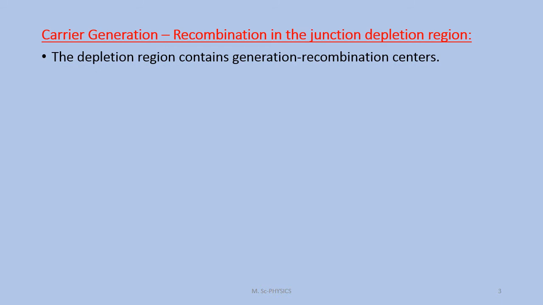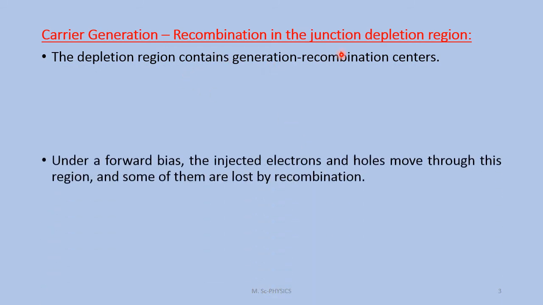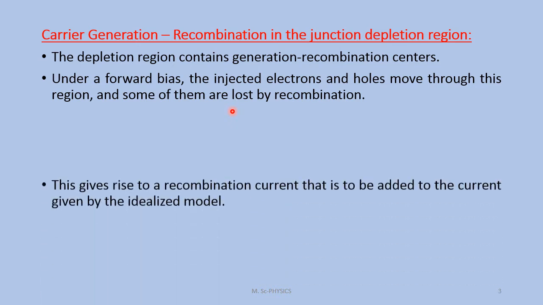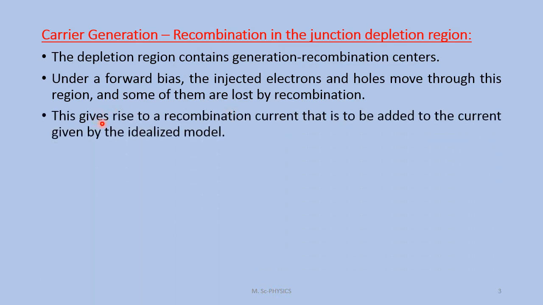The depletion region contains generation recombination centers. Under a forward bias, the injected electrons and holes move through this region and some of them are lost by recombination. This gives rise to a recombination current that is to be added to the current given by the idealized model.